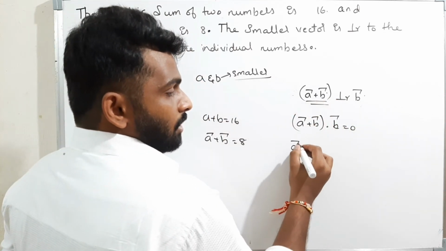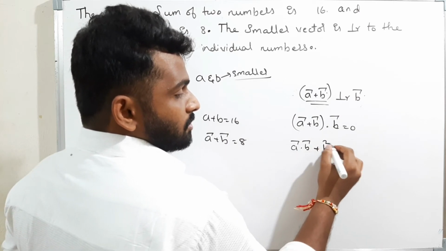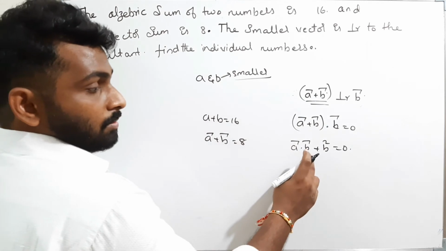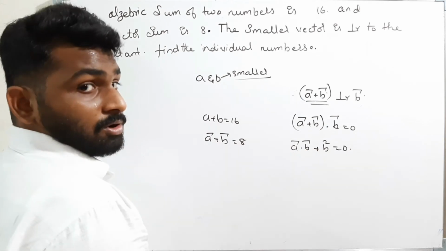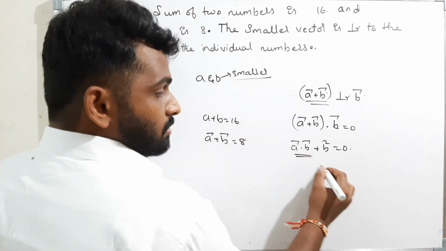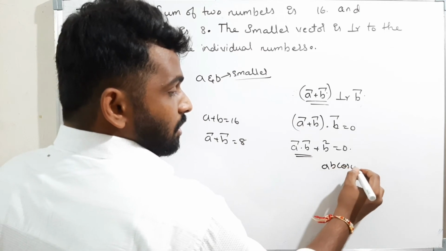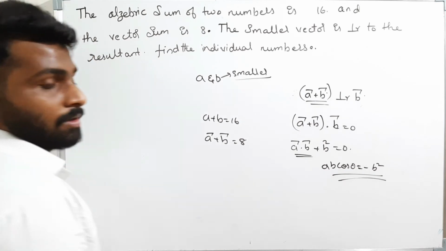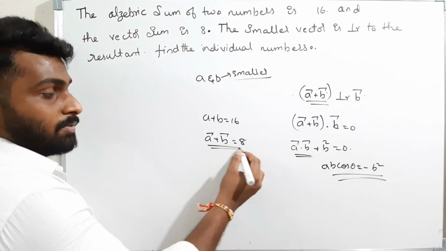Therefore, A bar dot B bar plus B square is equal to 0. Now AB cos theta is equal to minus B square. Now from here I am squaring on both sides.